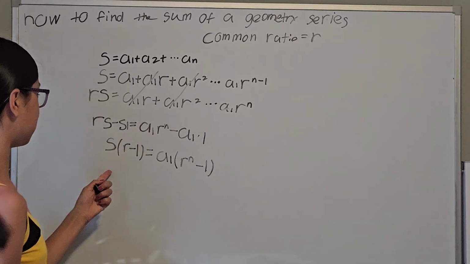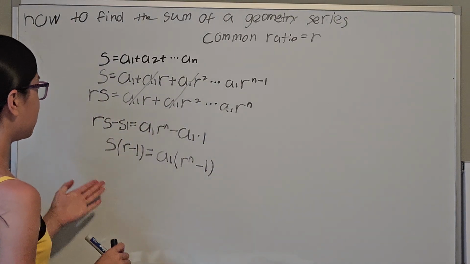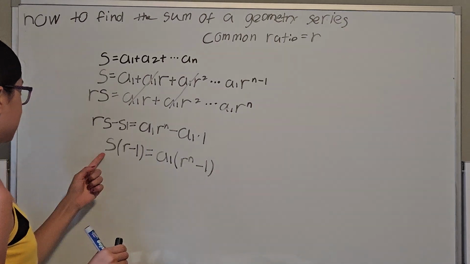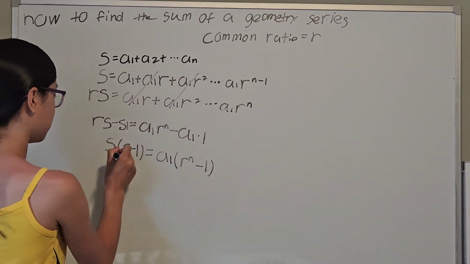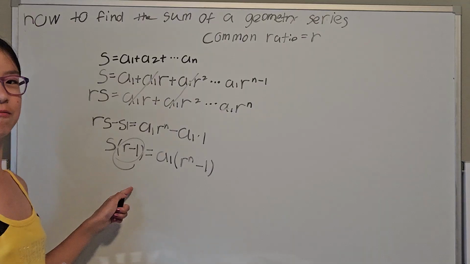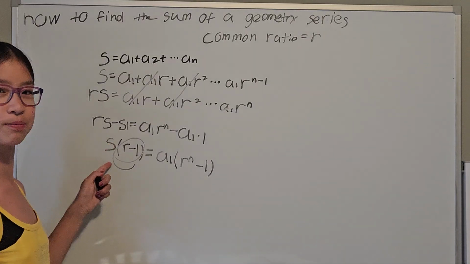Now that we have this information, we need to find what S equals. So since there's an S over here, we need to remove this thing. So we have to divide, since it's multiplication.